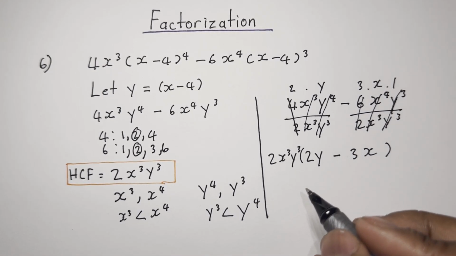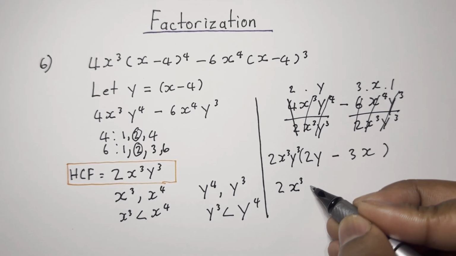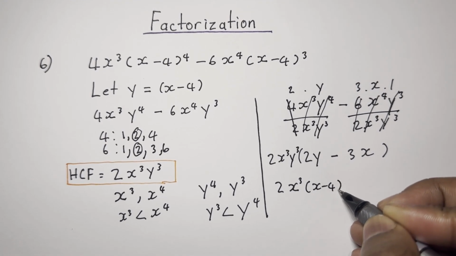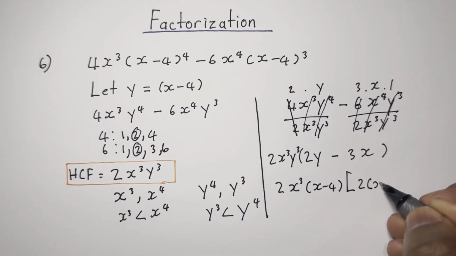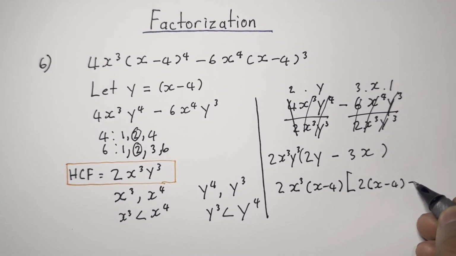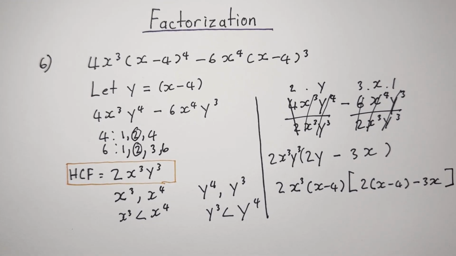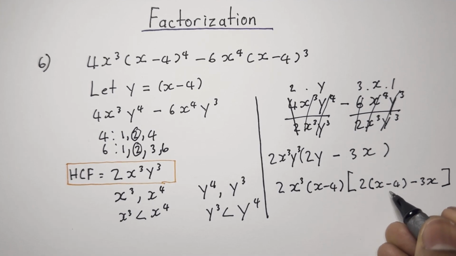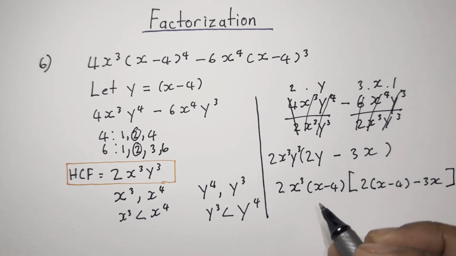Now let's rewrite our expression. Now we're going to open the parentheses. We're going to distribute the 2 and then group like terms.